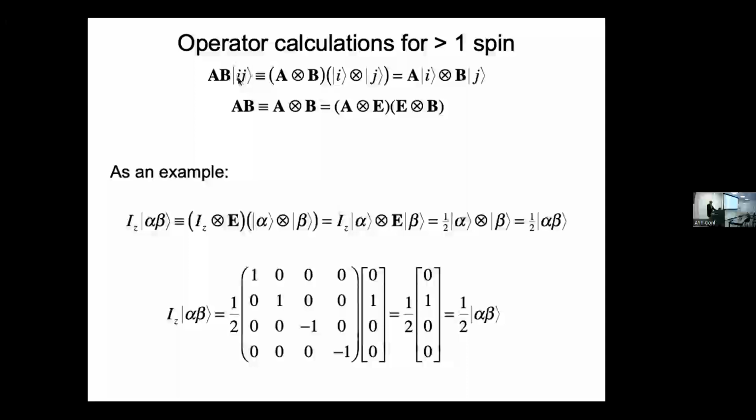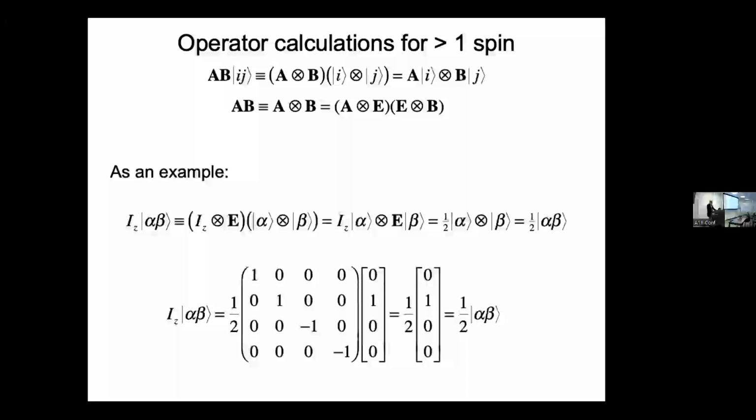The ket for being in the ith spin state of the I spin and the jth spin state of the S spin is also a direct product. The I spin operators only act on the I spin kets, and the S spin operators only act on the S spin kets. So I can distribute this and say that the answer is whatever the I operator does to the I spin ket, direct product with whatever the S spin operator does to the S spin ket.